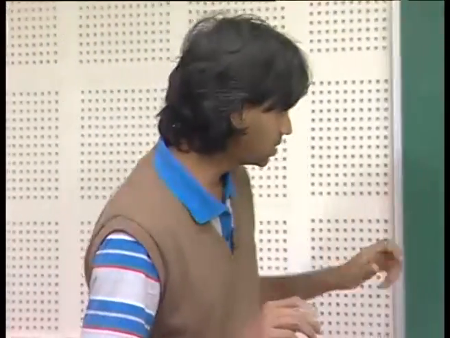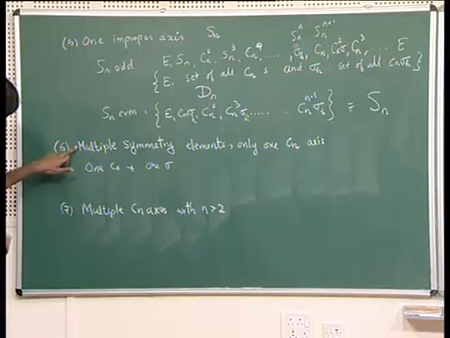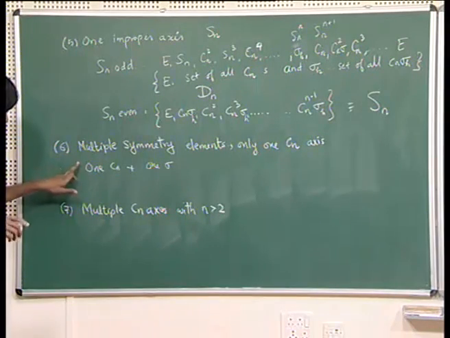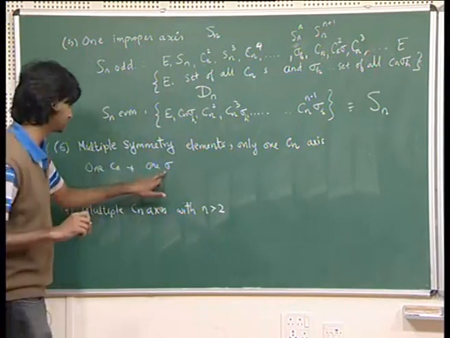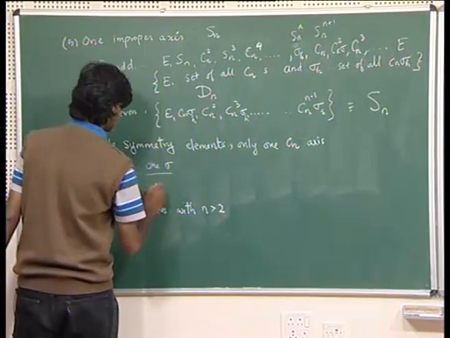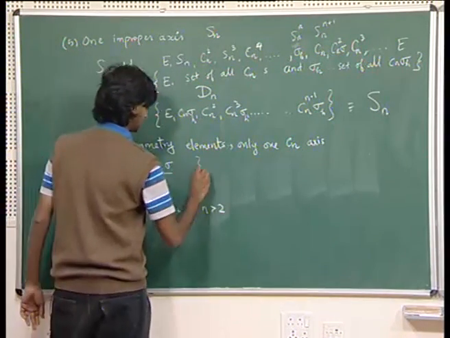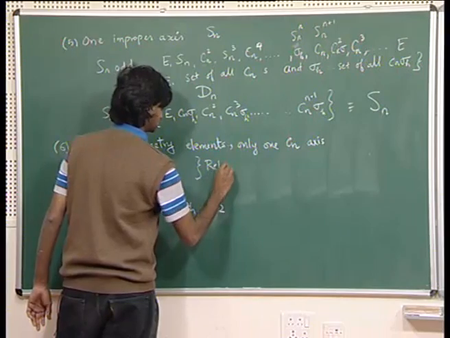Now in order to classify these, we have to see what is the direction of the sigma plane. The relative direction of C_n and sigma has to be considered.